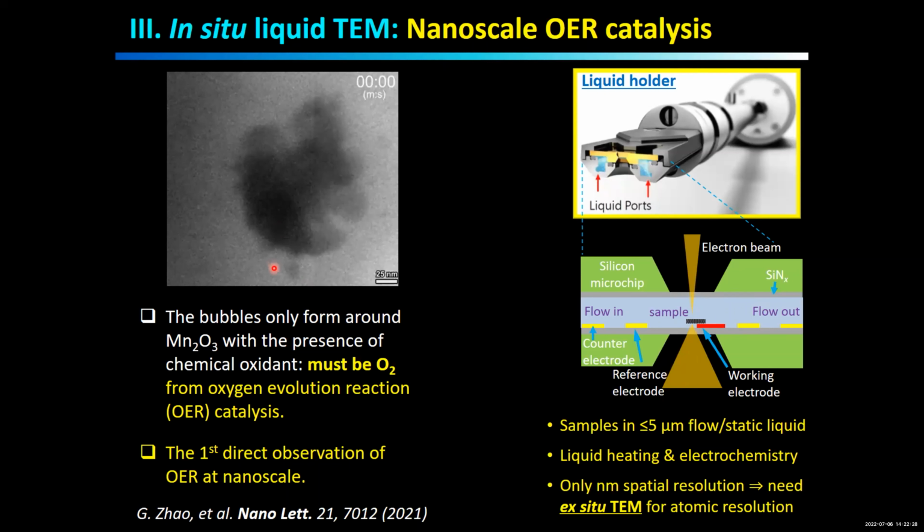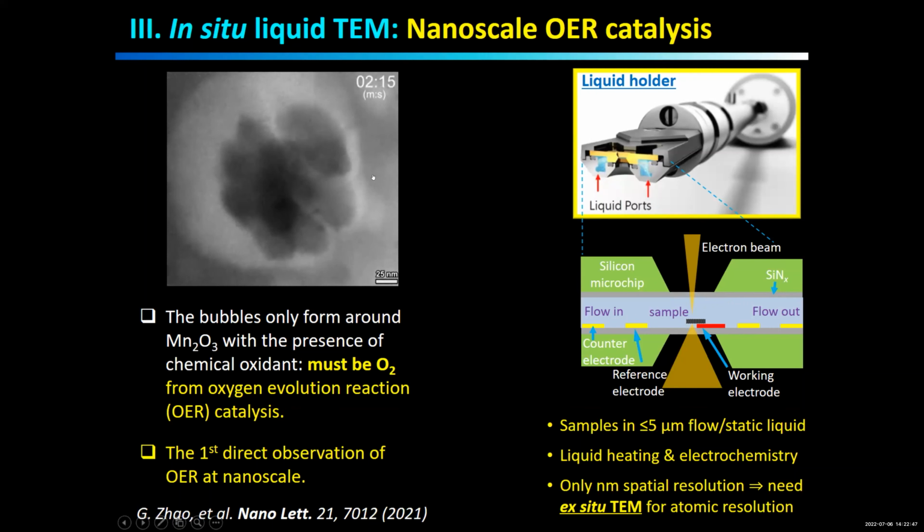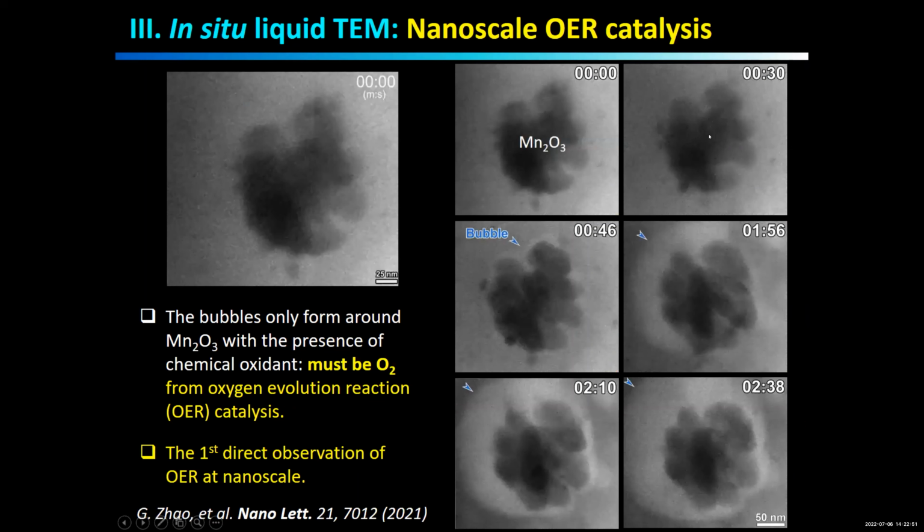So this is one example in which we are looking at the manganese oxide catalyst. So here we introduce the solution of the chemical oxidant, the CIN solution. So soon after we introduce the solution, we can see the development of nanobubbles around this catalyst. So these are the images extracted from this movie.